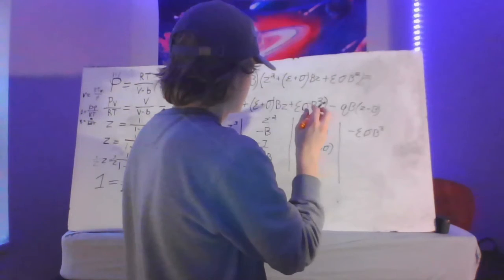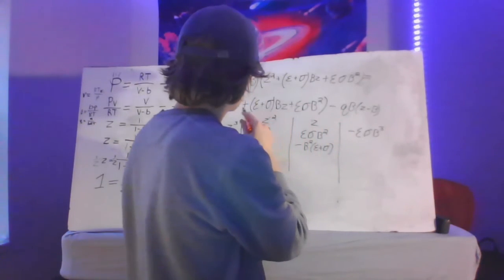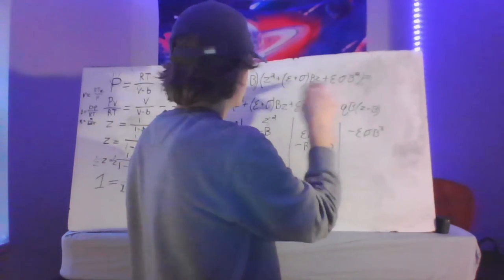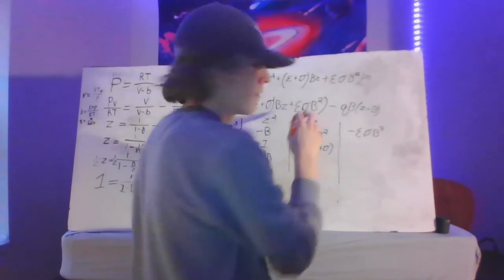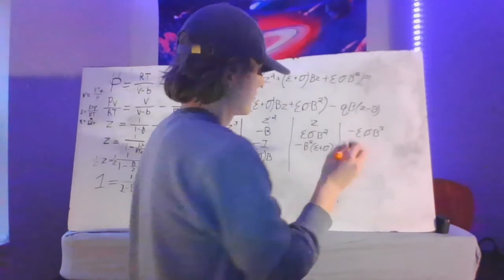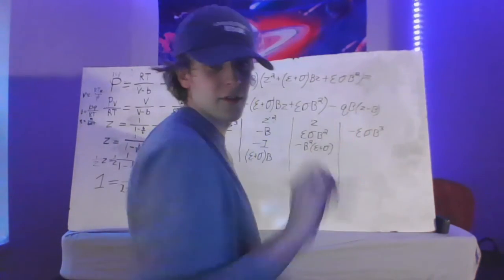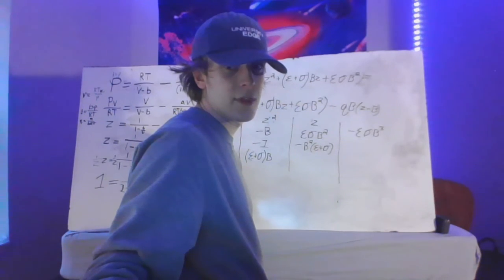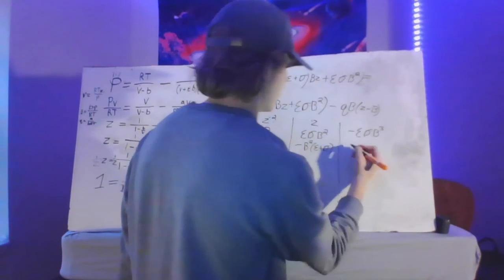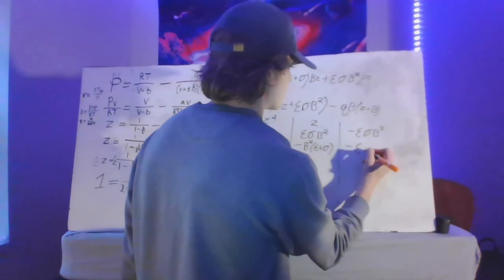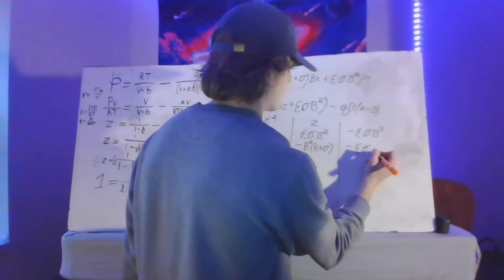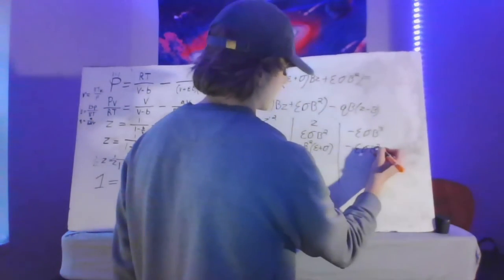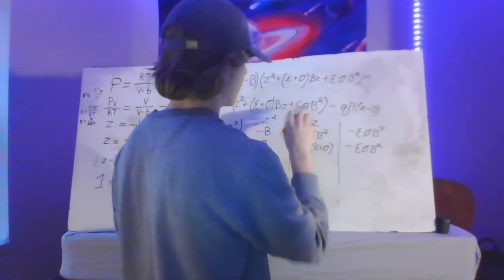And then we'll get another constant from this side of negative epsilon sigma beta squared this time.